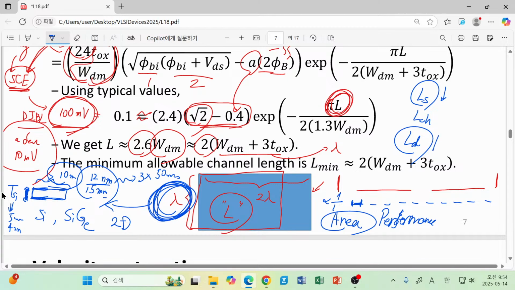That was actually the main driving force, our knob to reduce the length scale. But nowadays we have reduced the source and drain length scale quite aggressively, so there is no room for us to further reduce it. Now it's time to reduce the channel length once again.